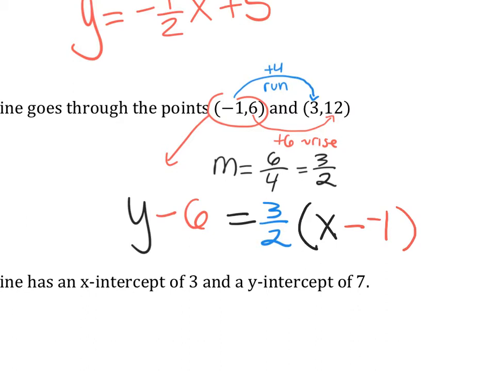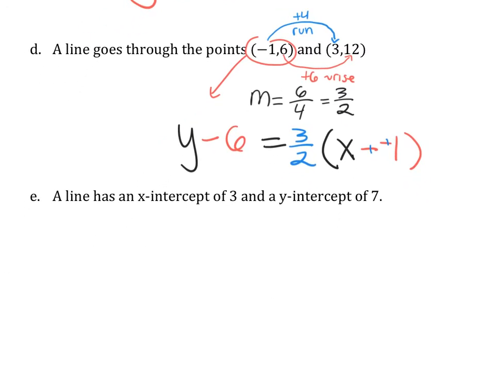Yep, you could write it as x plus 1 as well. I just wanted to write it so you could see that it's the opposite. But yep, if you want to write it as x plus 1, that's fine.